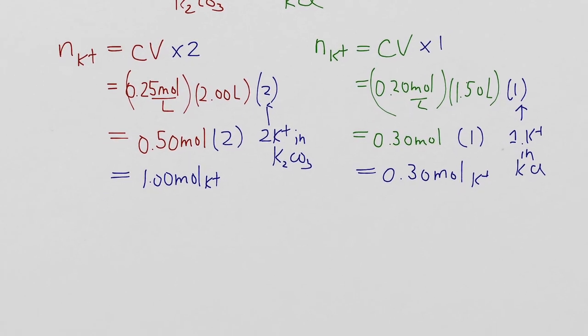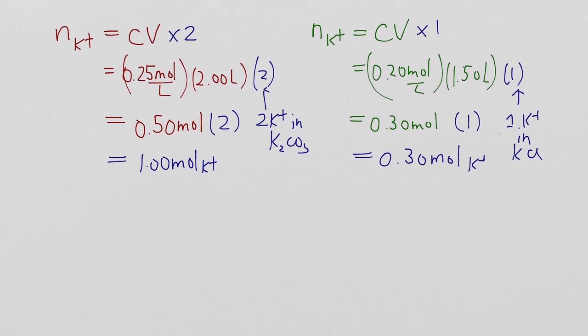So now that we know how many moles of potassium ion come from each solution separately, when you mix them together, so this would be after mixing, we will get, I'm just going to do it in one step and hope that you'll follow, okay?